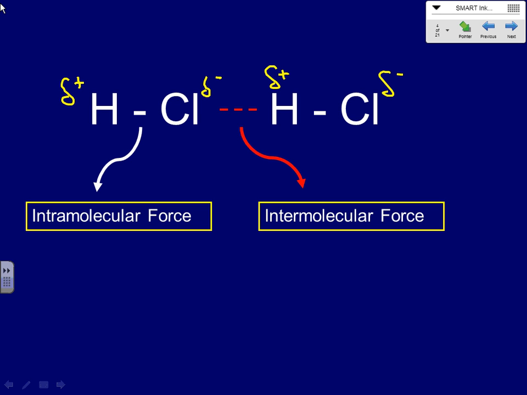And so the sigma bond that exists in between the HCl is an intra. And that weak attraction between the opposite charges of the dipole are an inter. And we're going to be talking about the intermolecular forces today.